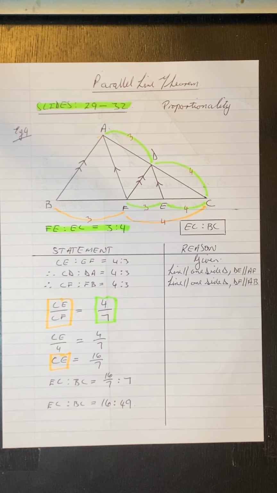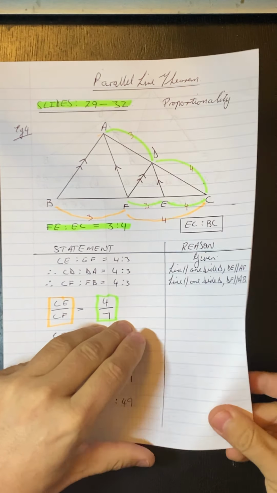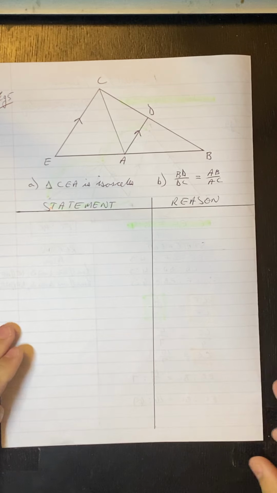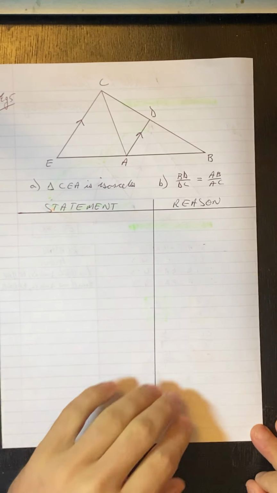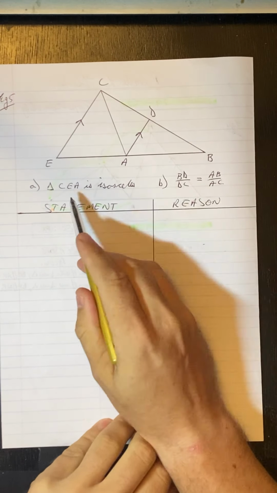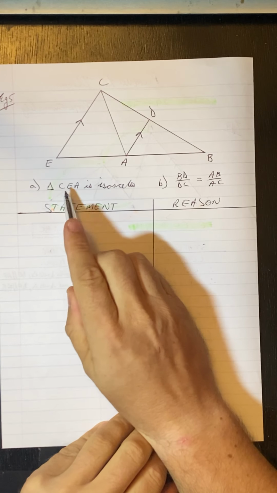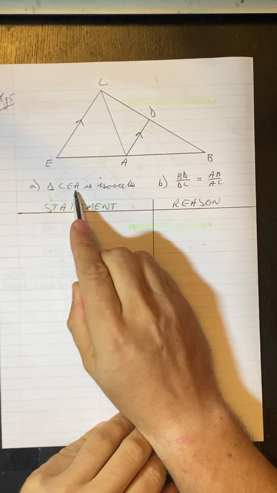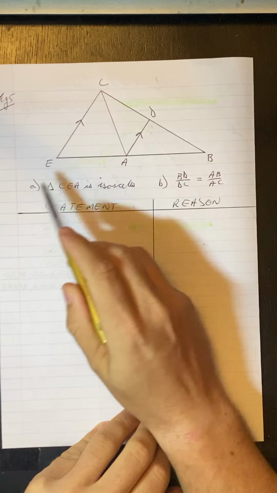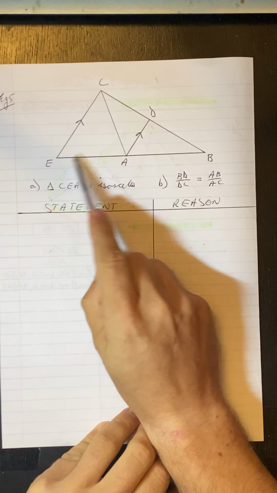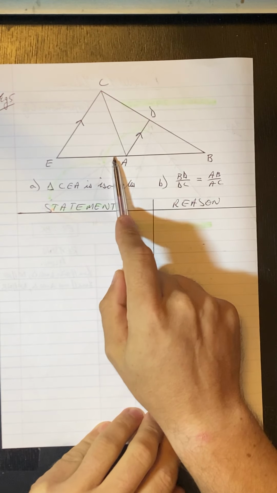Okay, moving on to example 5. I'll just read it out to you. It says, prove that triangle CEA is isosceles.